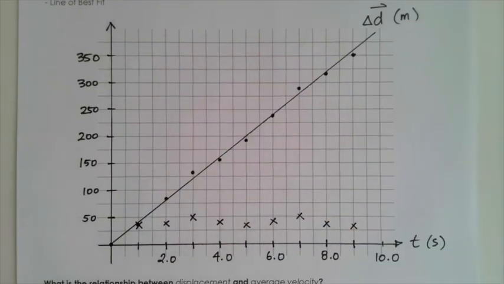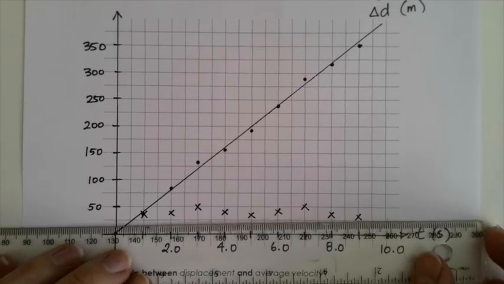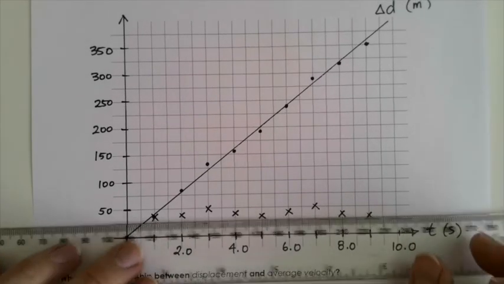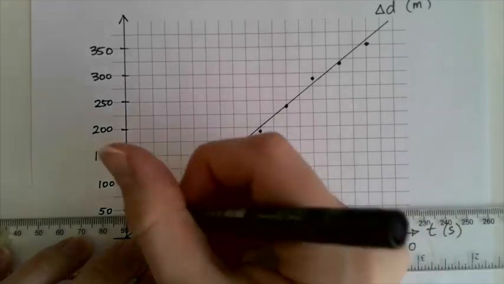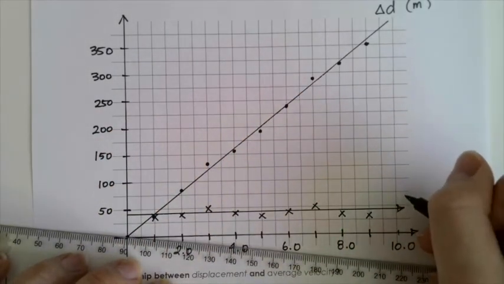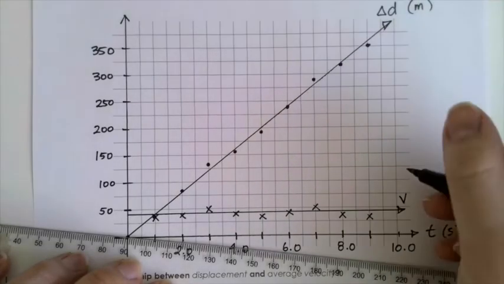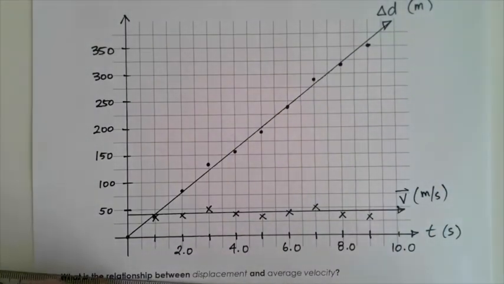I did my data points with X's just because we have two different data sets plotted on the same graph to help us tell the difference. So I'm going to go ahead and draw my line of best fit here for the velocity data. I think about here is reasonable. So this is our velocity measured in meters per second, and maybe I'll label that V average.